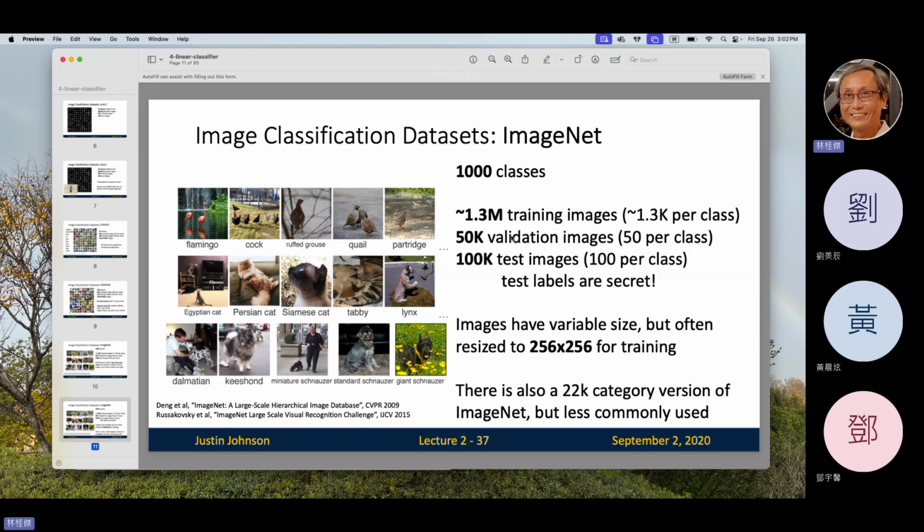Okay. There is also a 22K category version of the ImageNet. This is going to be much more than 1,000, 22,000 classes. In real life we probably see that, right? With our human eyes, we can see pictures having 22,000 different objects in there.